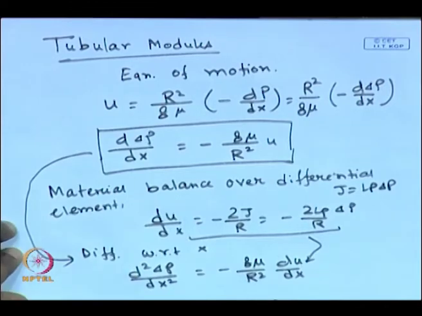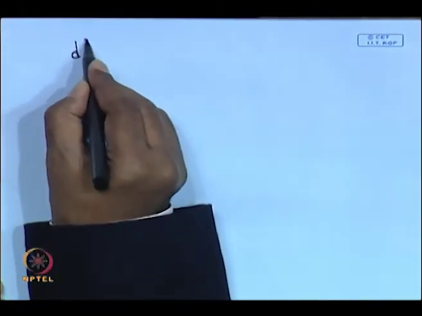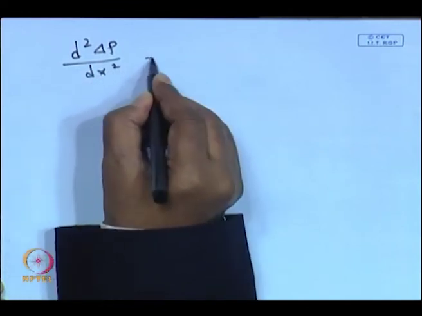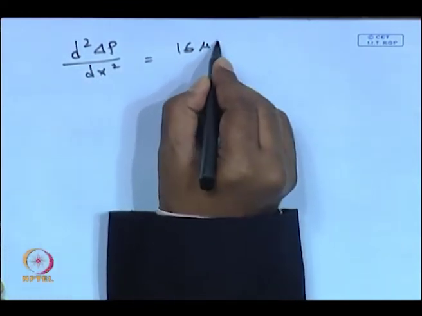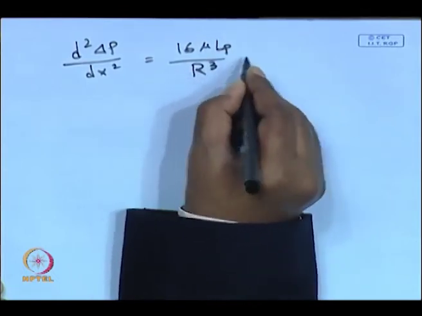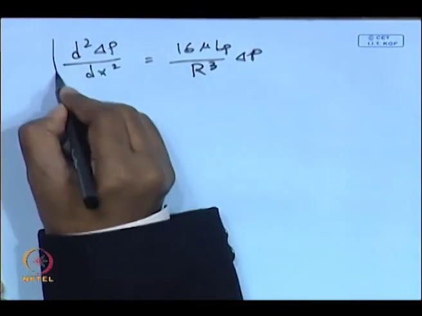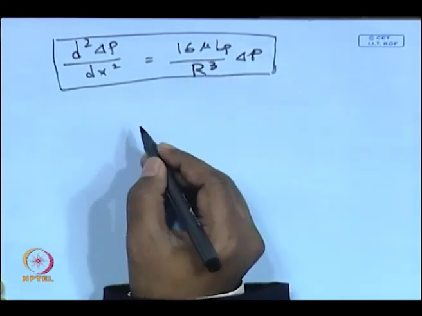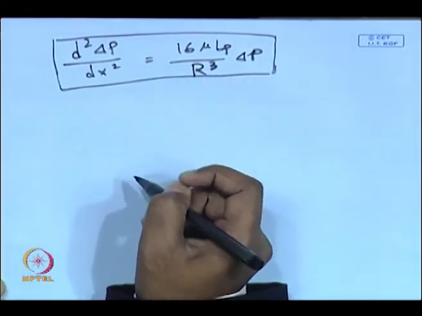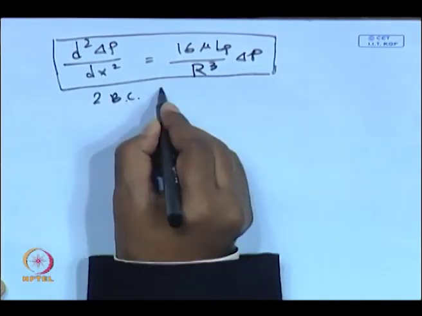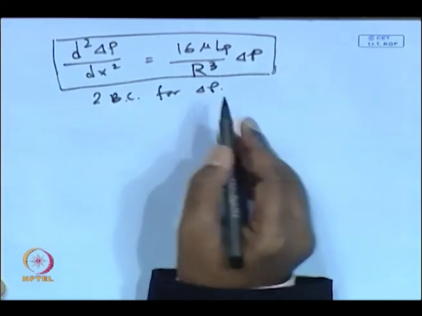So we are going to write down the expression of transmembrane pressure drop. In case of the tubular module, d square delta P dx square becomes 16 mu Lp over r cube times delta P. We require two boundary conditions for delta P, and we have already seen how they will be set.